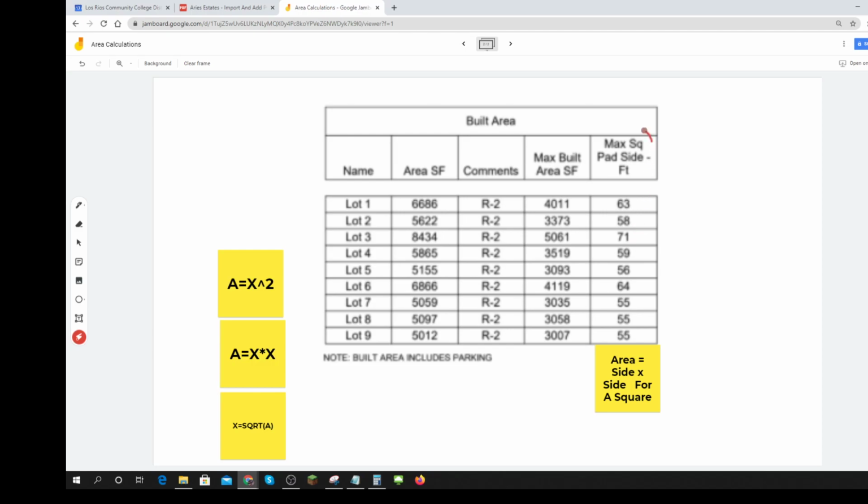So this, again, is giving me a design concept that if I want to make a square building pad, I'll put in a square that's 63 by 63. Or I'll put in a square that's 71 by 71. Or I'll put in a square that's 55 by 55. So that's how we calculate this last column here.